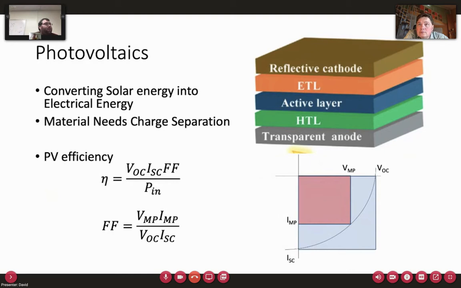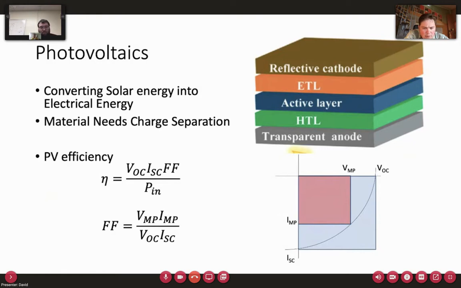In this corner, I have a schematic for a photovoltaic device, and I'm focusing specifically on the active layer. I'm not currently looking at the electron transport or the hole transport layer. And the goal would be to maximize the size of this red square in the figure in the bottom right.